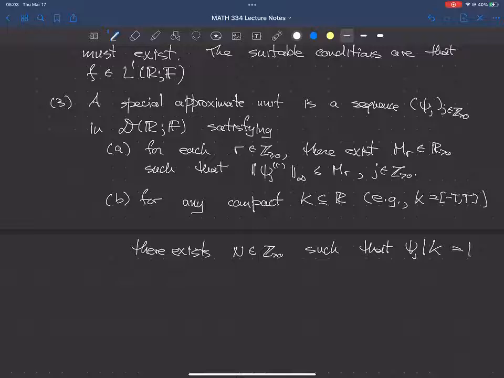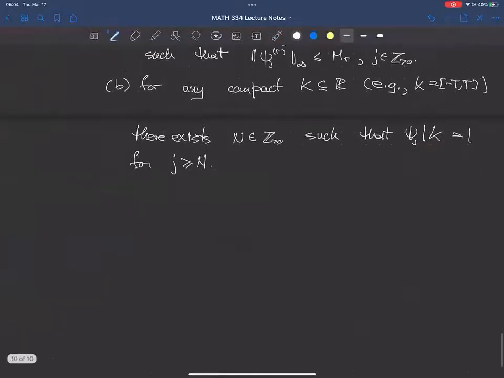So that means it's exactly 1 on K for all large enough j's. So it doesn't just get close to 1 on the compact set K, it's exactly equal to 1.